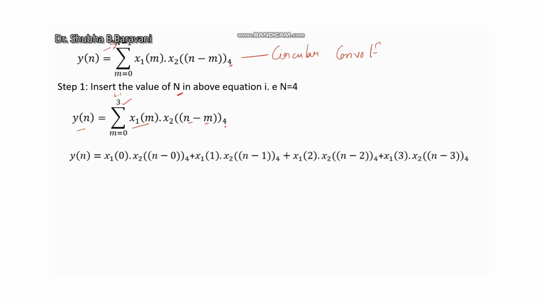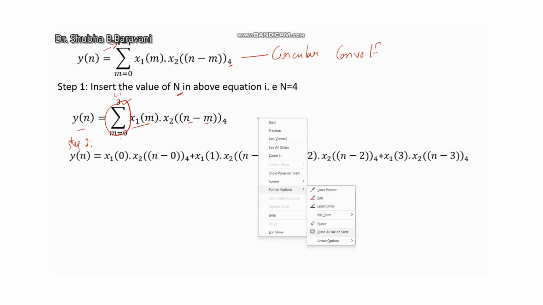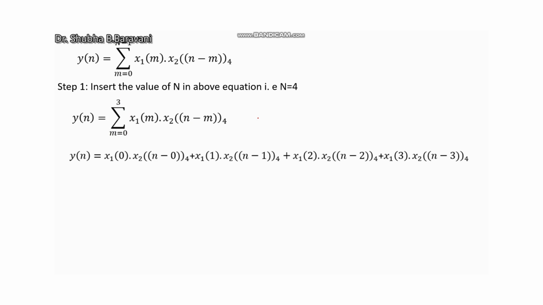This was my step 1. Now my step 2 is to open up this summation. Opening up the summation is nothing but substituting the values of m here, from 0 to 3.